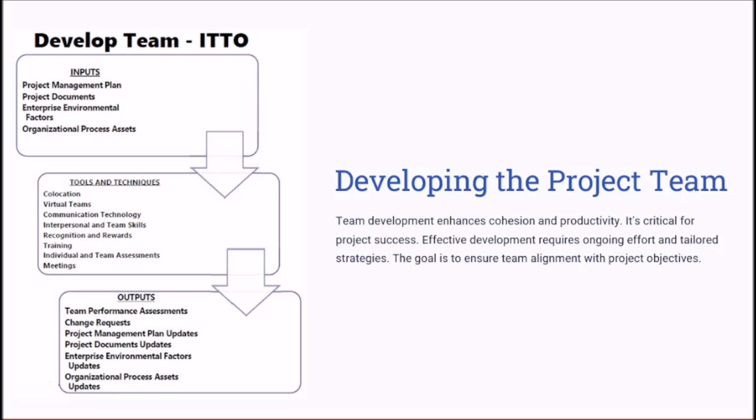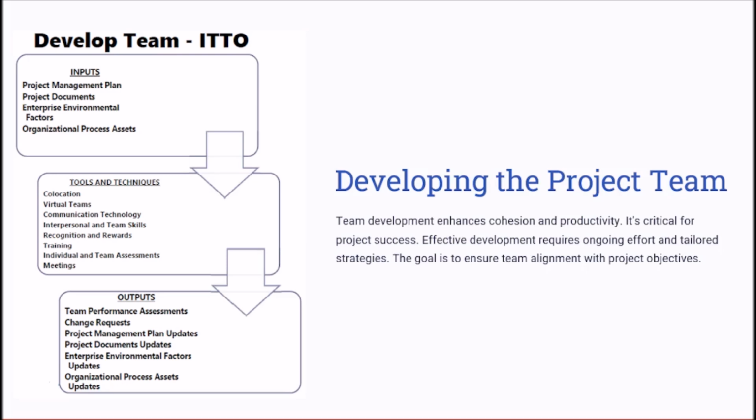The interpersonal and team skills, the recognition and rewards to keep your team motivated, training to fill the gap of untrained team members, individual and team assessment to ensure that your team is being evaluated fairly. Also the meetings. So the output here would be the team performance assessment.